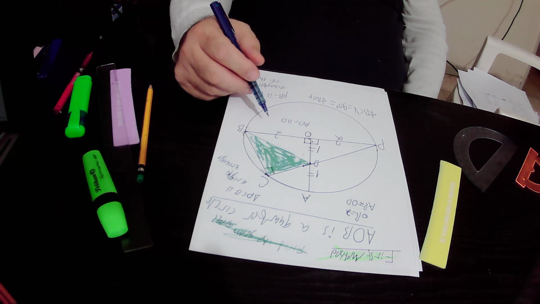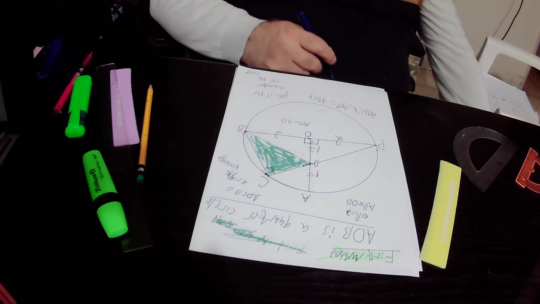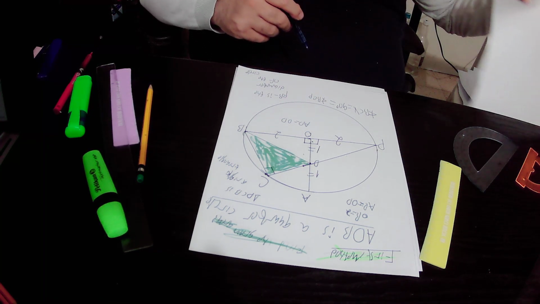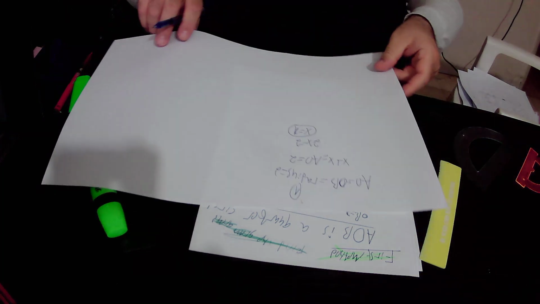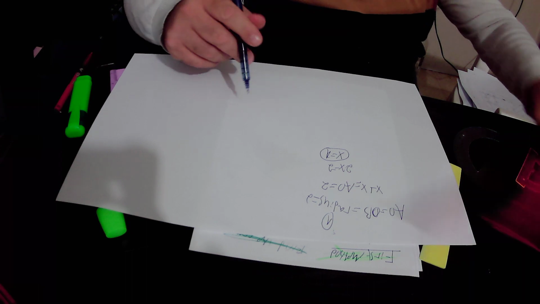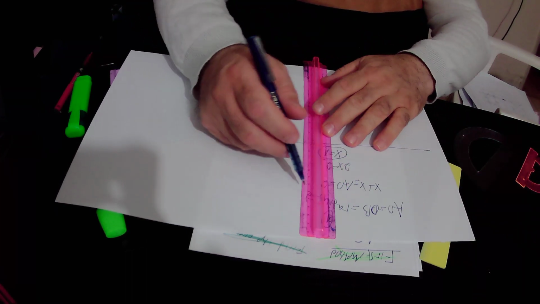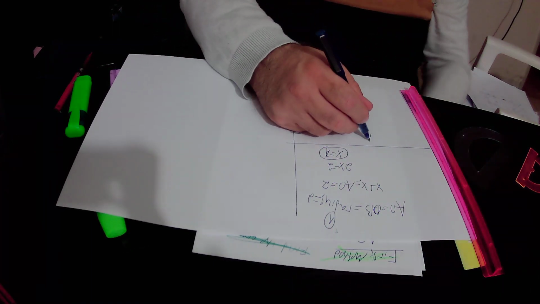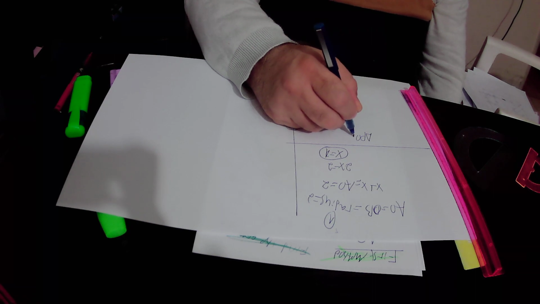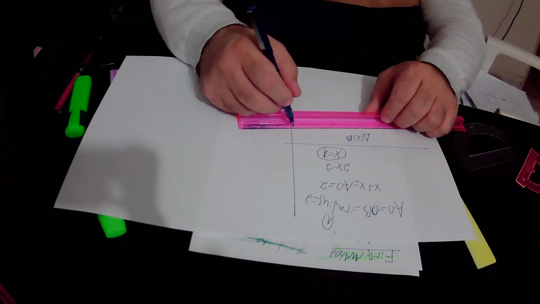So if you focus on the right triangle POD, in the right triangle POD, we'll implement the Pythagoras theorem. According to the Pythagoras theorem, we get the relation for the Pythagoras theorem.